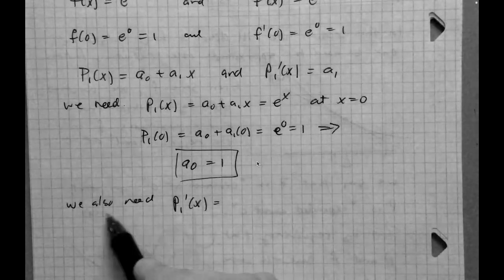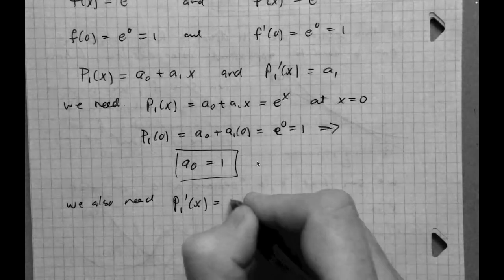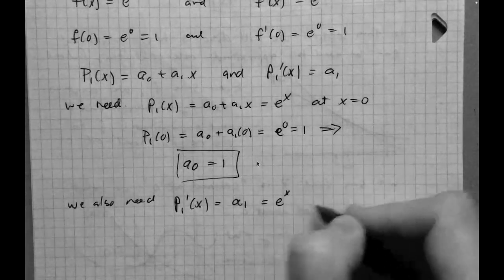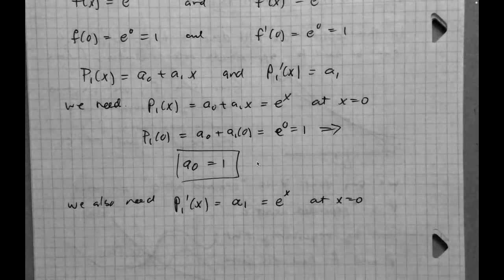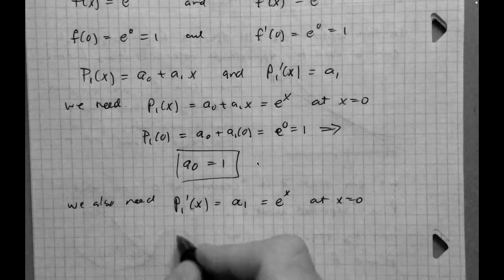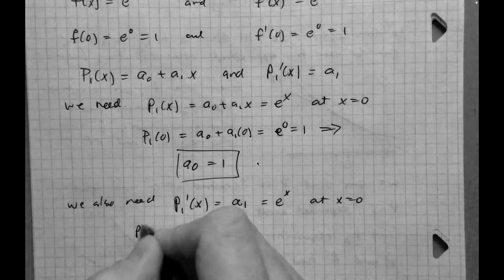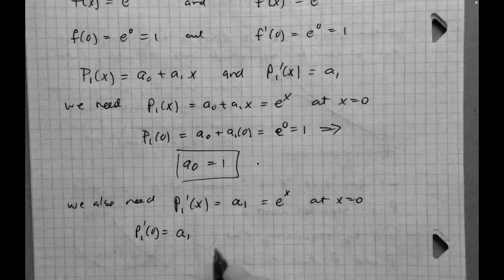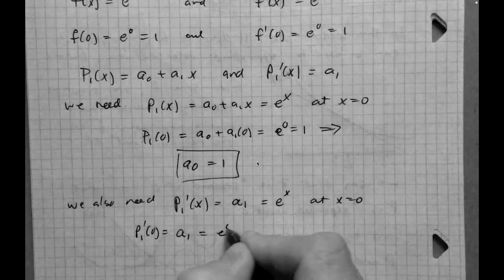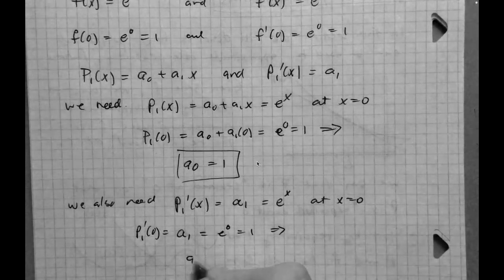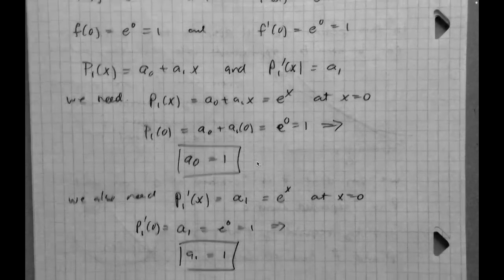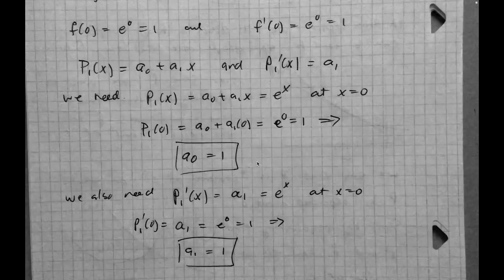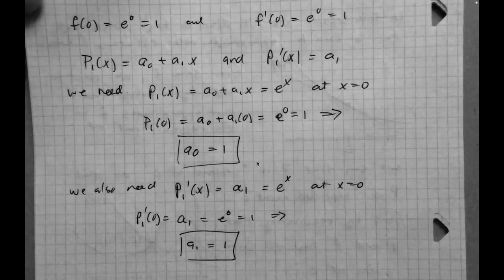Right, so we also need P1 prime of x, which is equal to a1, to equal e to the x at x equals 0. Right, so let's plug that in. So P1 prime of 0 is just a1 again, it's a constant, and that needs to equal e to the 0, which is 1, and so that means that a1 is equal to 1 as well. Okay, so we've got the two coefficients of the two terms of this first polynomial approximation.